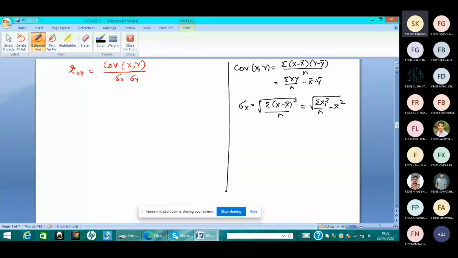And sigma y is the standard deviation of y, that is, y minus y bar whole square upon n, or in a simpler way, summation yi square upon n minus y bar square.